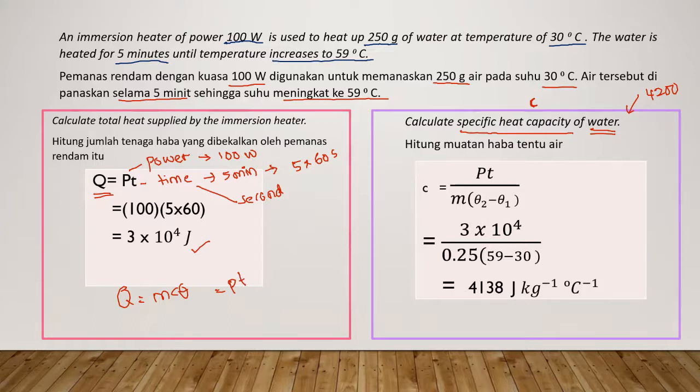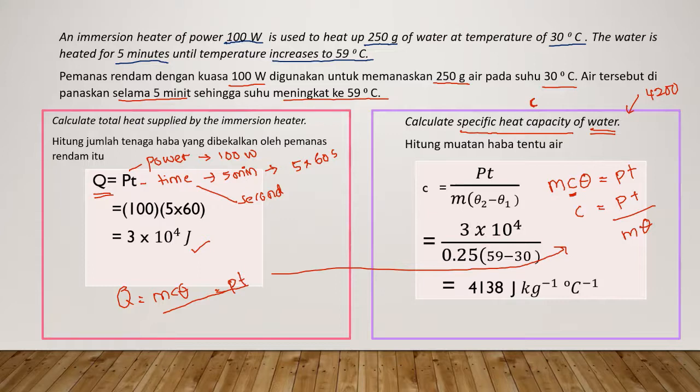So from this equation, kita guna equation ini juga, iaitu mc theta equal to Pt. So ini c equal to Pt over m theta. Theta ini ialah perubahan suhu, change in temperature.